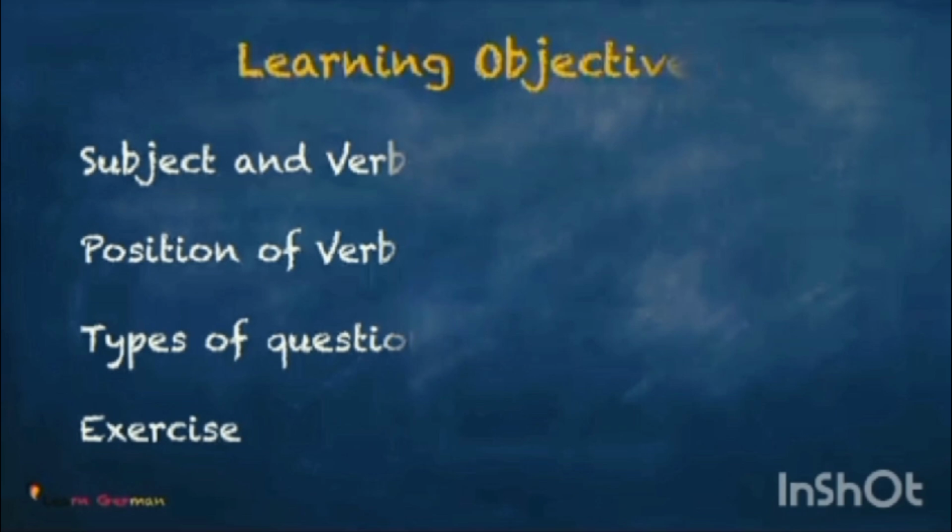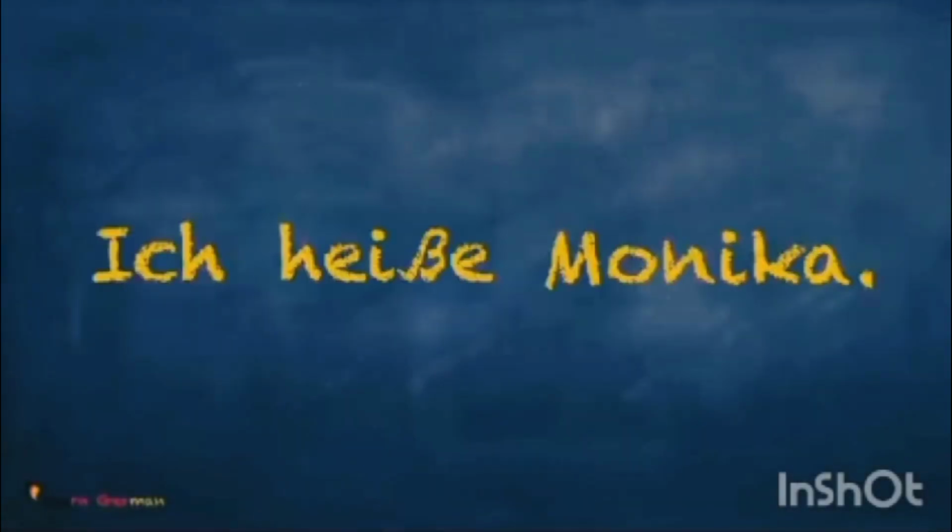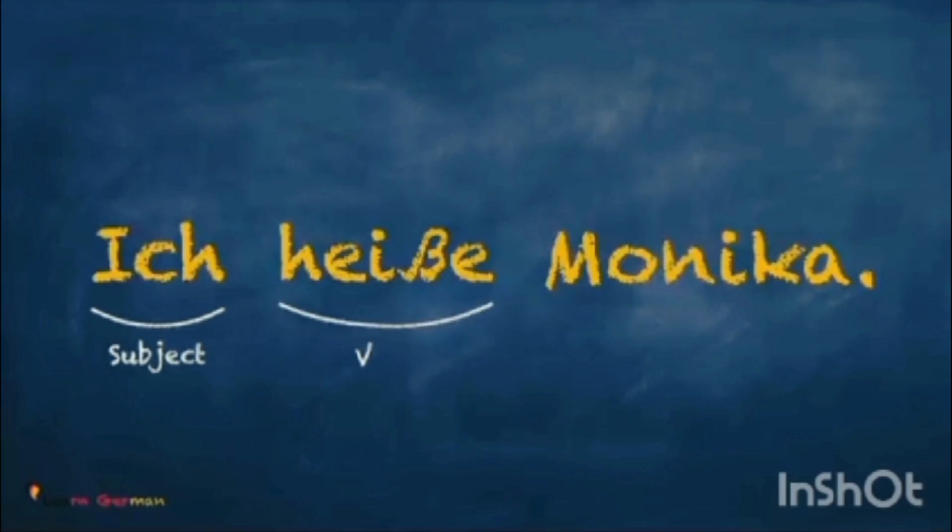Ich heiße Monika. Here the subject is ich and the verb is heiße. Let's analyze this sentence. Ich is the subject and heiße is the verb.